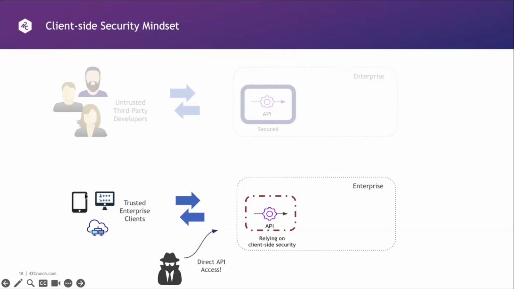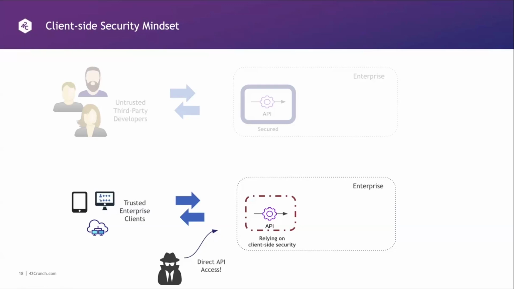So if you're doing data filtering in the mobile app, or you're only doing authorization checks in the SaaS platform, the hacker can just go directly to your API. They will absolutely get access to the API traffic and figure out how to talk directly to the API. And that means they're now talking to an API that has no authentication, no authorization, and that's leaking a ton of sensitive data.